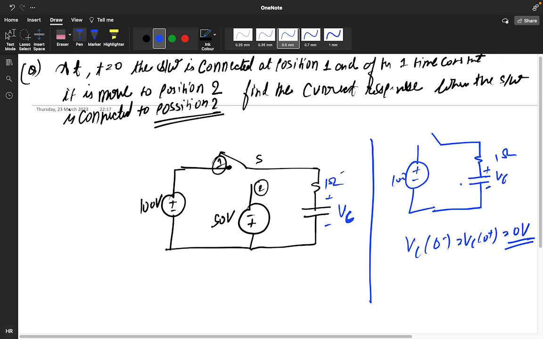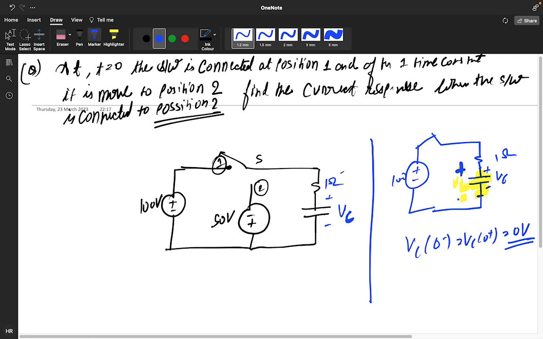Okay, when I connect this supply at t greater than 0, then I will get the Vc value, and you know that in a capacitor it will become open circuit after some time. This particular term will get open circuit, plus minus Vc.